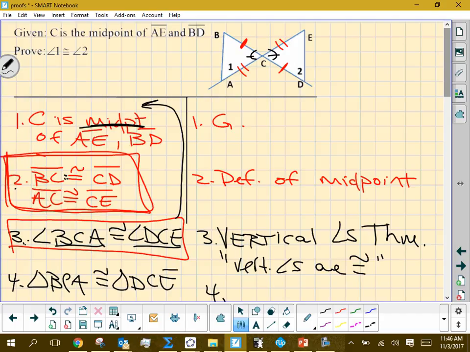If I trace over triangle BCA, and then go to triangle DCE, they are in the exact same order, the exact same triangle, and now I've got matching parts. So we can use the CPCTC thing if we need to. So what was the reason there? SAS. Side angle side.